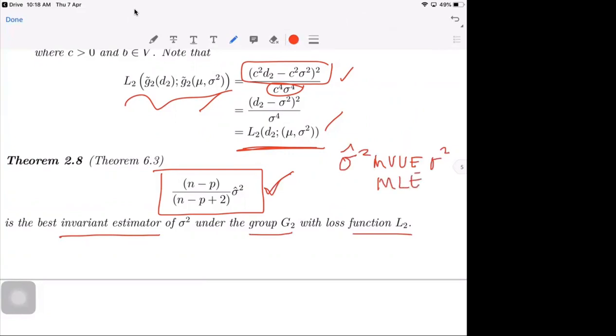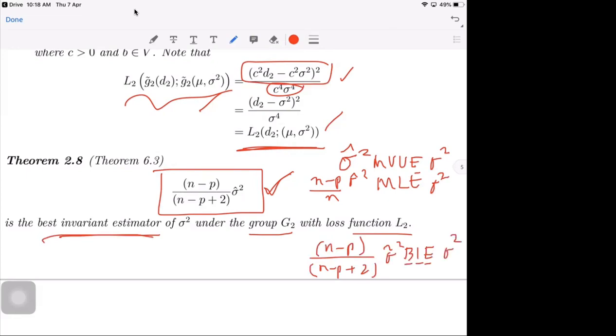No. The MLE is (N minus P) sigma hat squared over N. This is the MLE for sigma squared. But the best invariant estimator has N minus P plus 2 in the denominator. This is the BIE, or best invariant estimator, for sigma squared.